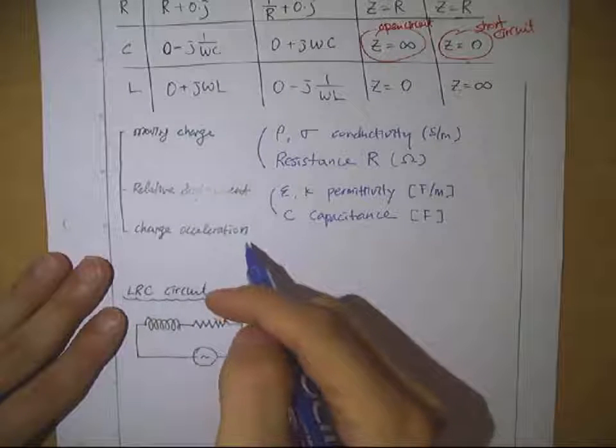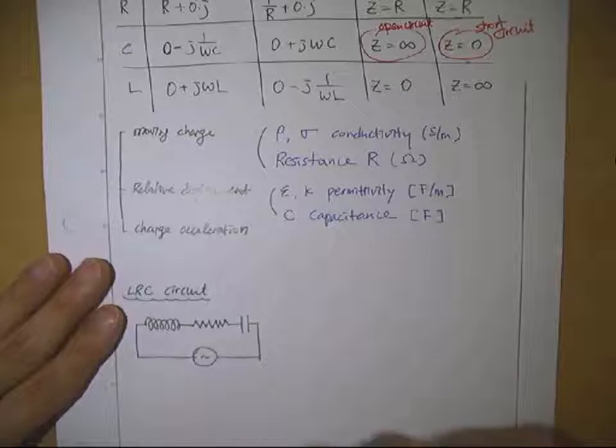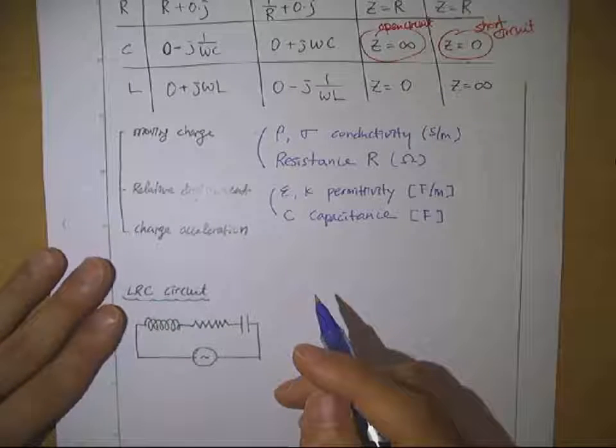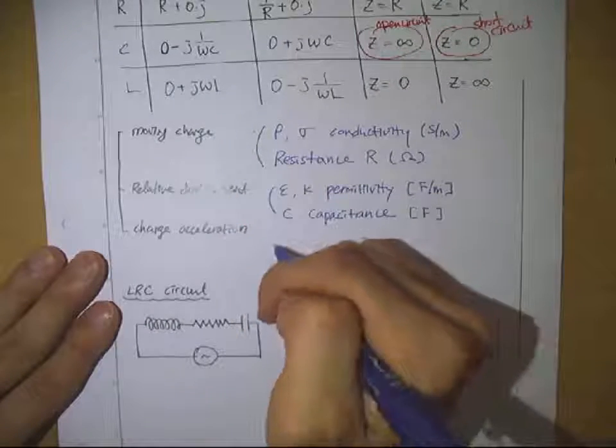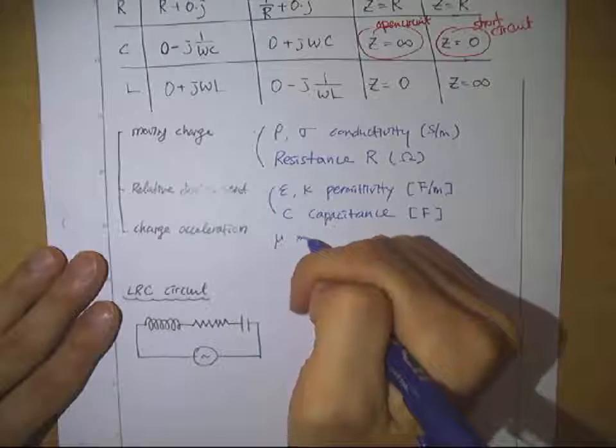And for the charge acceleration, when you have a charge moving at time-varying velocity, then you have a magnetic field induced. Right? So here the material property is captured by the magnetic permeability, mu.